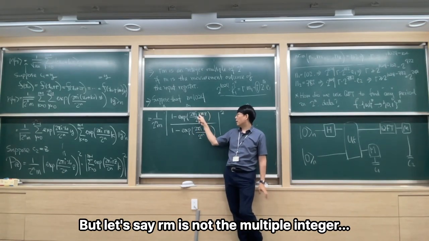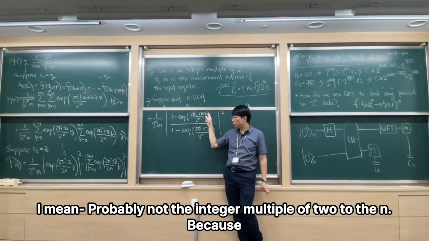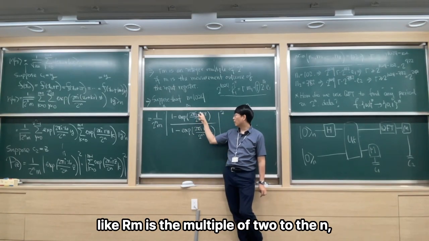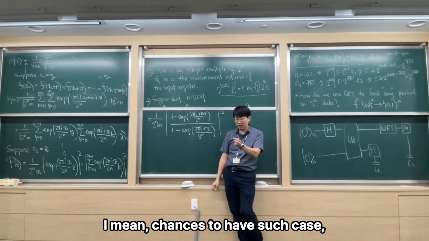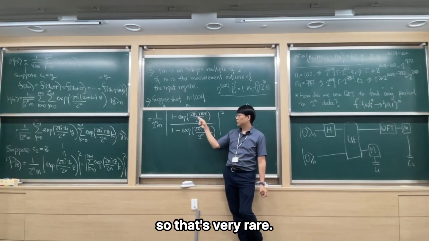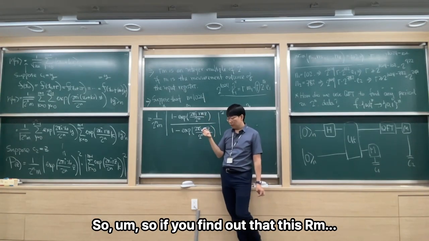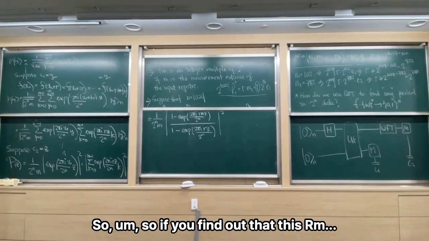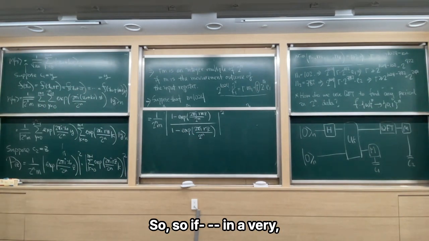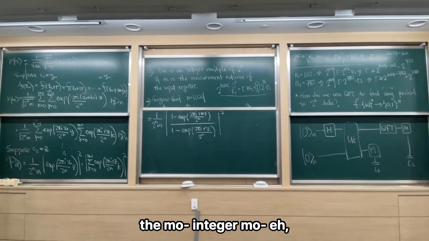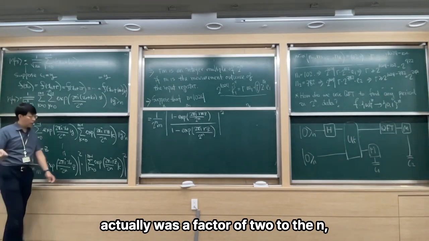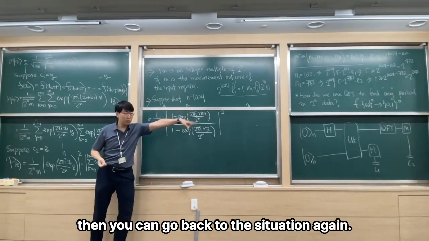But let's say rm is probably not an integer multiple of 2 to the n, because if it were, you would have only n out of 2 to the n chances to have such a case. So that's very rare. If in a very, very small chance your radius was actually a factor of 2 to the n, then you can go back to the situation again.